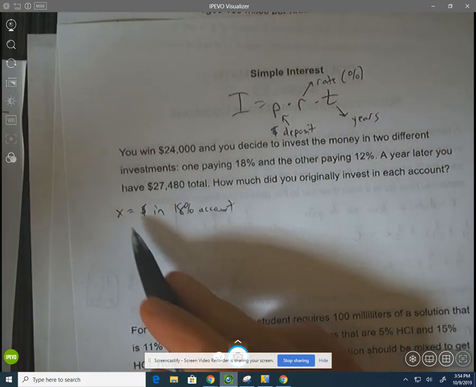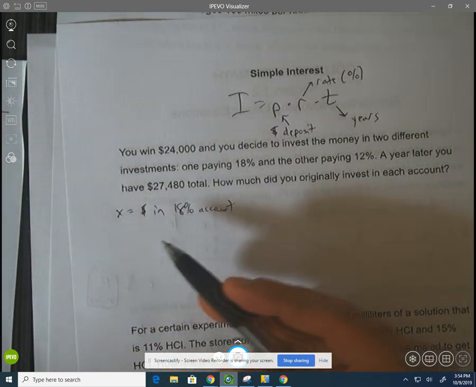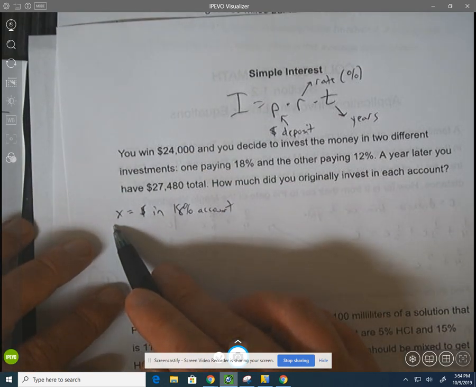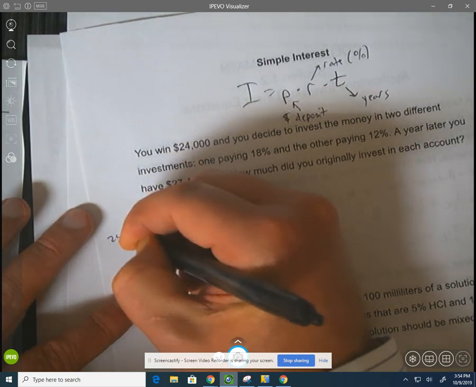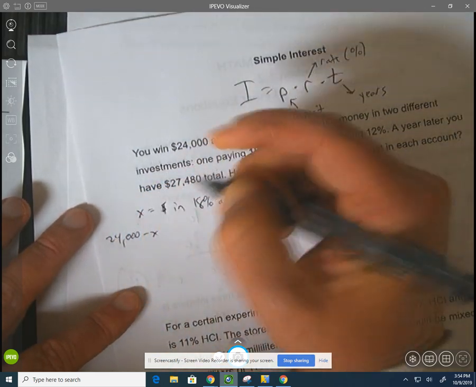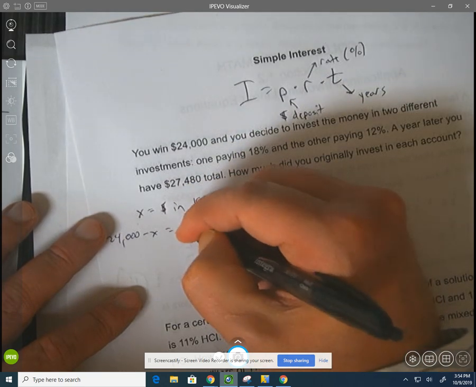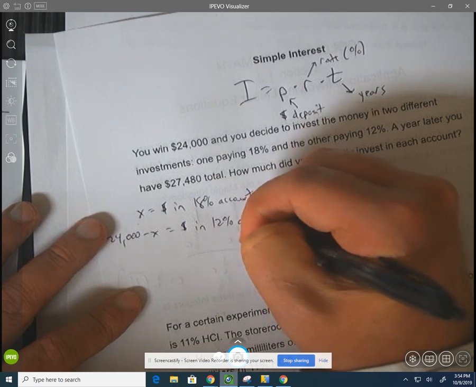Now, we could use a different variable here, but I want to keep it in terms of one variable. All right, so if I had $24,000 and I put X of it in that 18% account, what was left over would be 24,000 minus X. So that would be what would be in the 12% account.